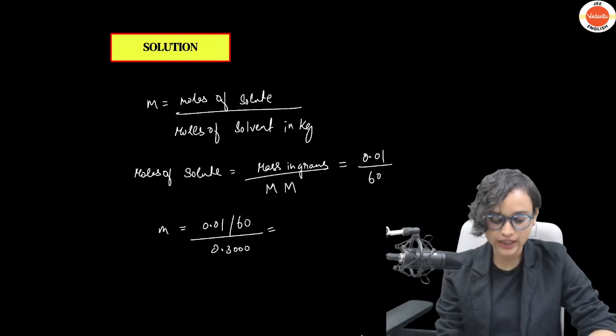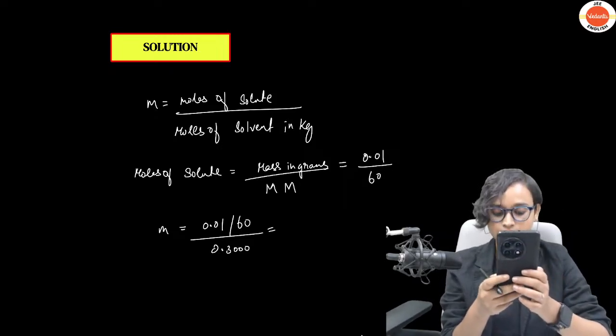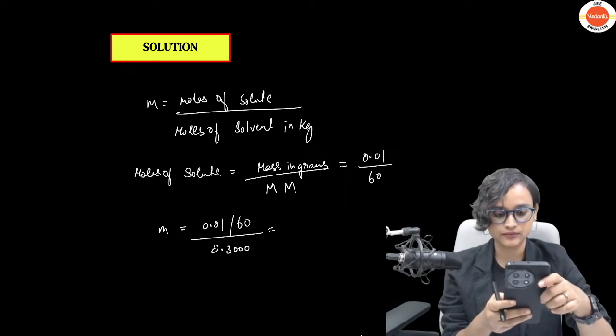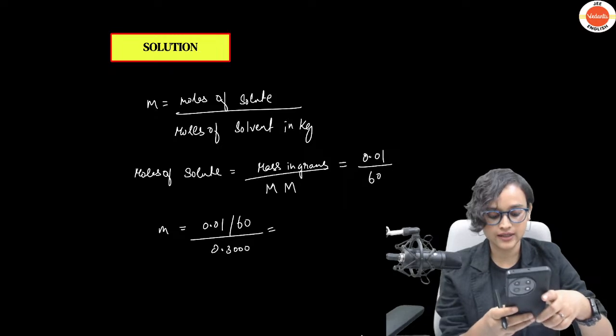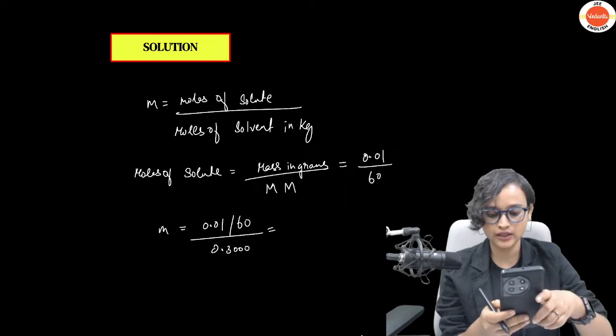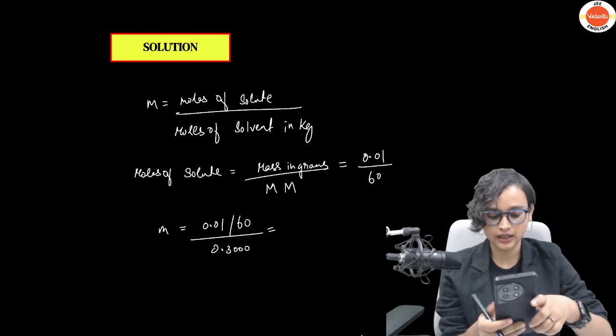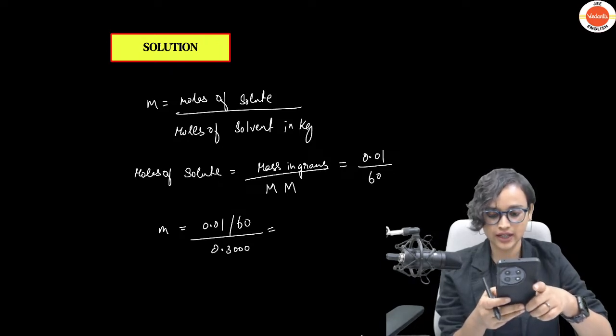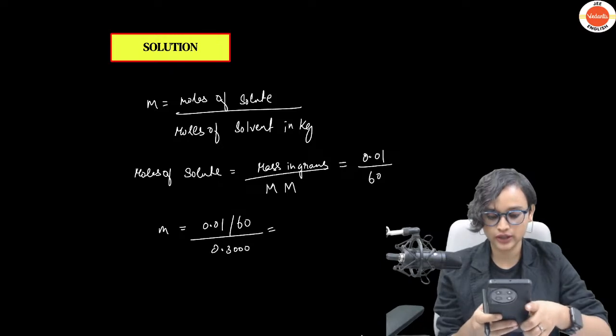Shall I use my calculator? Let me use my calculator here. It is 0.01 divided by 60, and this divided by 0.3000.